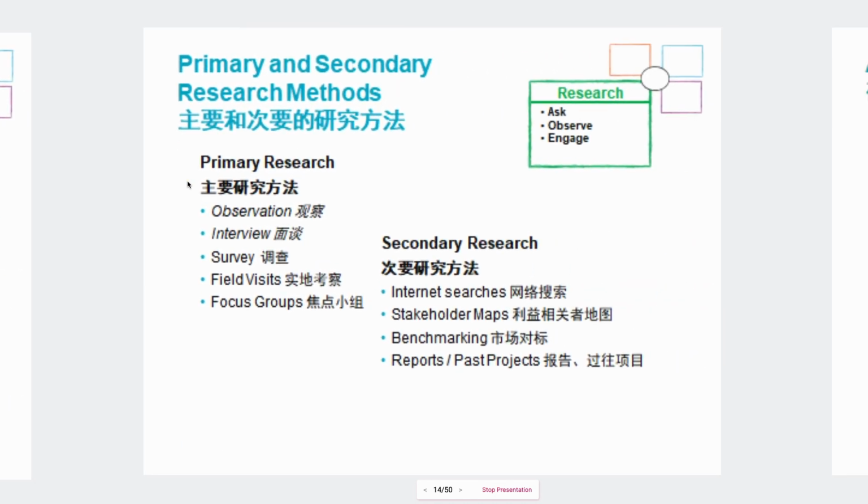For the primary research, we can have observation, we can have interviews with our customers and users, and also surveys, field visits, and focus groups. So this is the primary research. And for design thinking, very important are observation and interview. For observation, I can share one case.